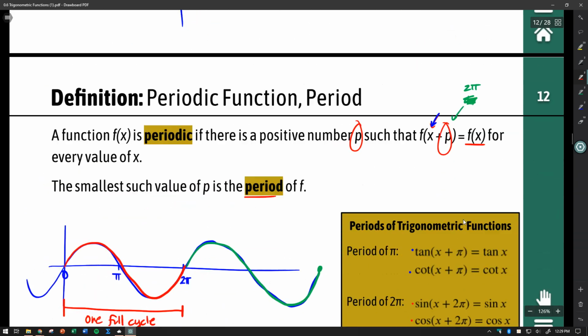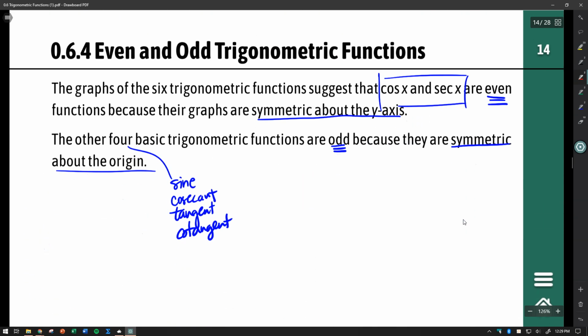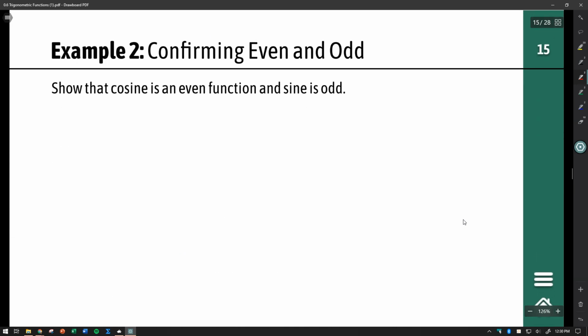Okay, so back to where we were on slide 14. 2 of them are even, and 4 of them are odd. So here's an example. Let's show that the cosine function is indeed even and the sine function is indeed odd. To do this, I want to think back to what it means for a function to be even and odd without looking at the graphs.